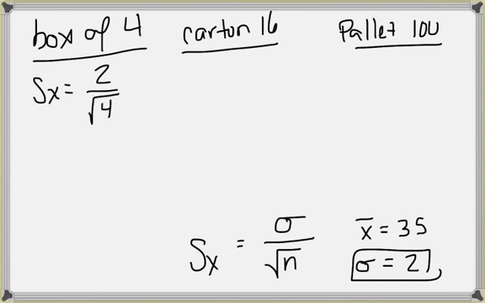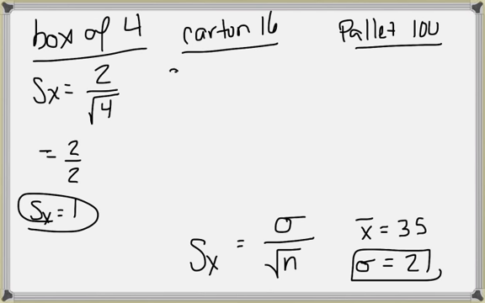Well, we have 4 salmon in this box, so we're going to use 4. So this will give us 2 over 2, which gives us 1. So there's our standard deviation, 1 pound for a box of 4.